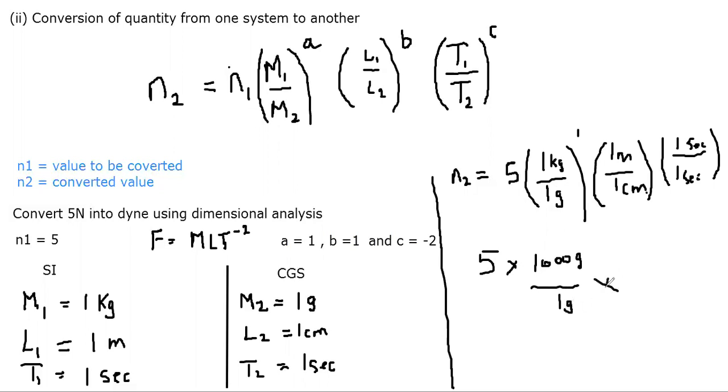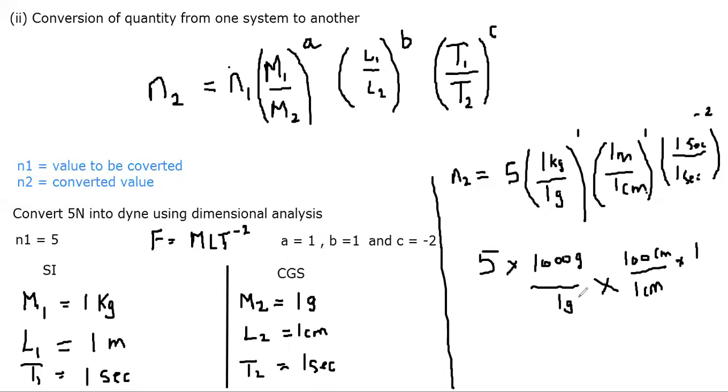Into, in 1 meter we have 100 centimeter. For solving purposes we have to make both the units the same. So 1 meter is 100 centimeter divided by 1 centimeter. This is already solved. 1 second and 1 second, both are in second, and 1 divided by 1 is 1, and 1 to the power minus 2 would be 1 only. So here we have only 1.